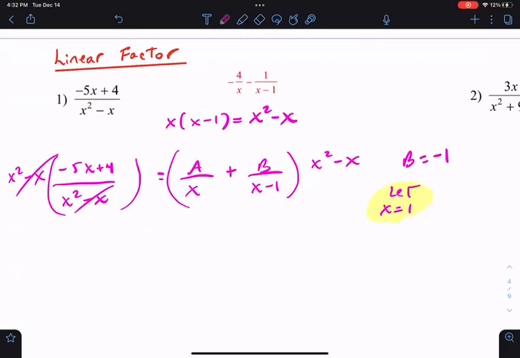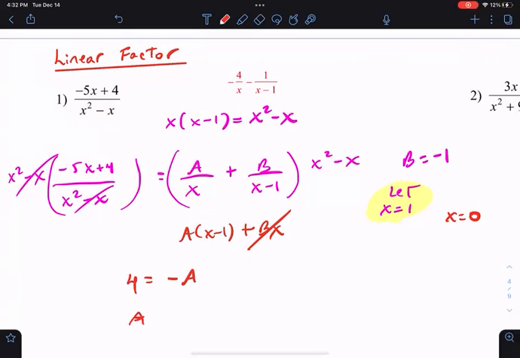Now for a, let's see what we can do. This is a times x minus 1 plus bx. So we let x equal 0. This disappears. This is going to be negative a equals 4. So a is going to be negative 4.